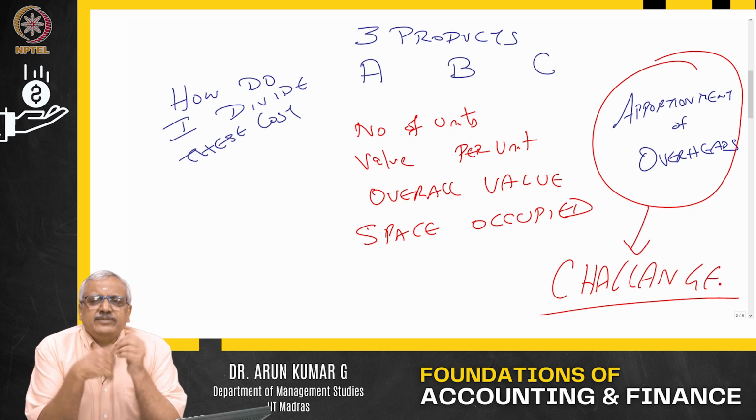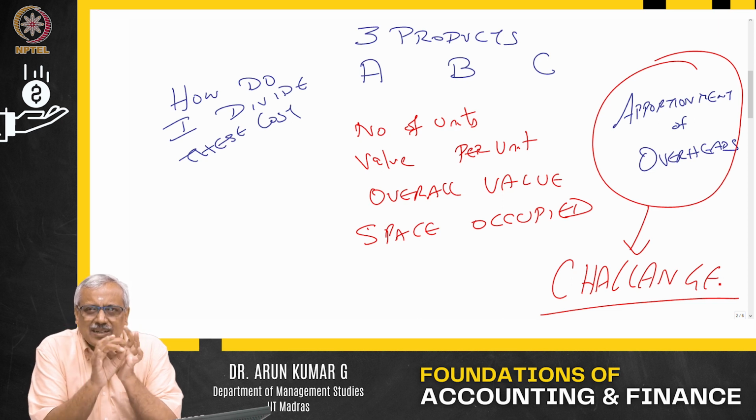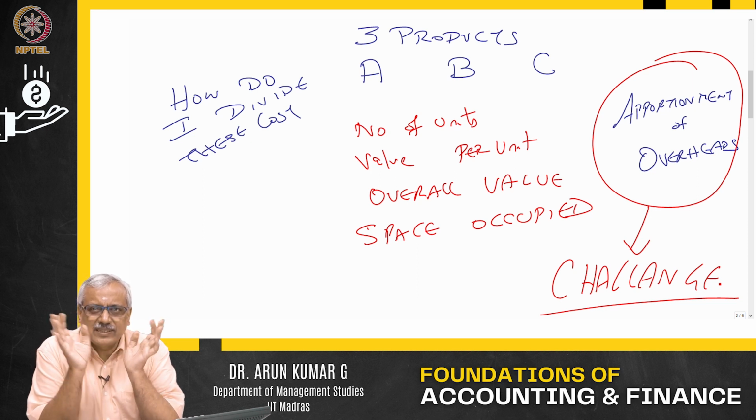But today we have moved into a situation where we try to use a more scientific method of apportioning these overheads, and that method is what we call activity based costing.